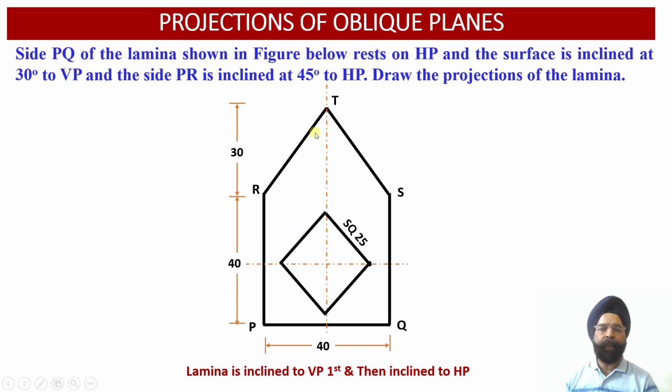So here we have been provided with a plane figure into which we are going to have a square hole over here. This lamina is resting on edge PQ onto the horizontal plane.